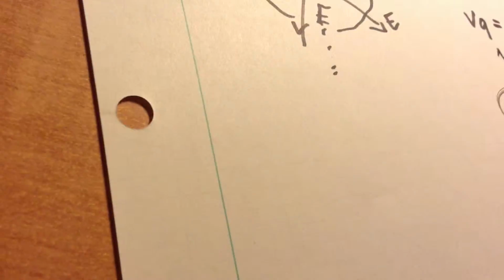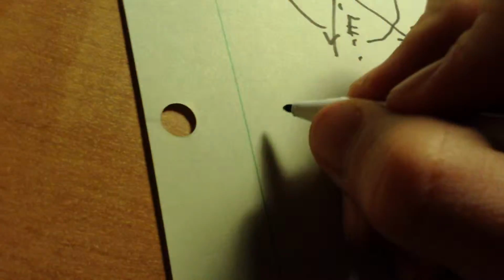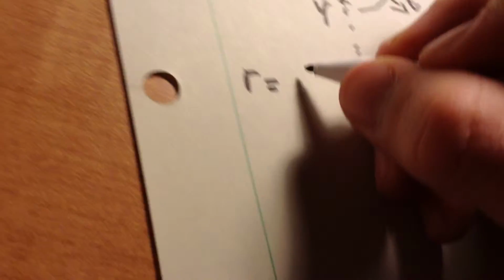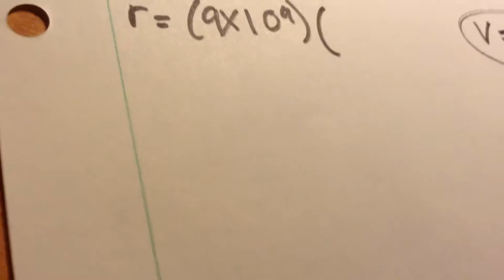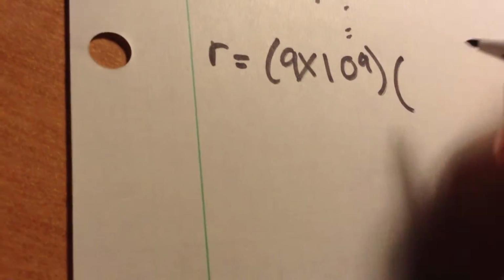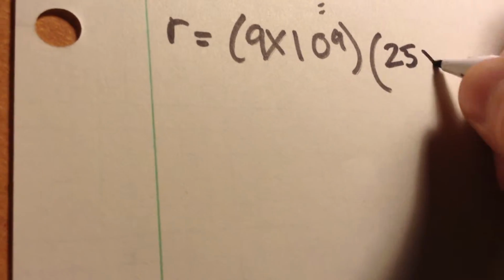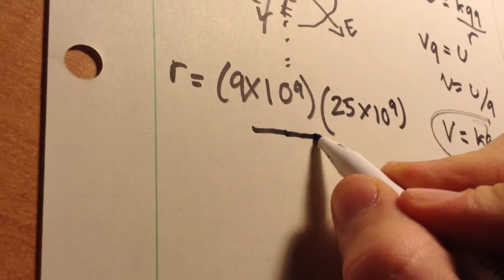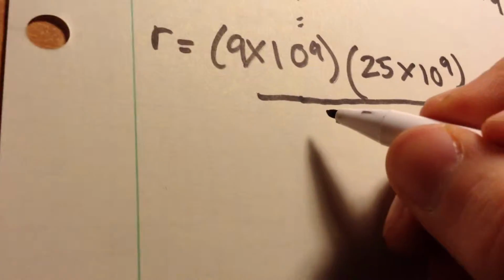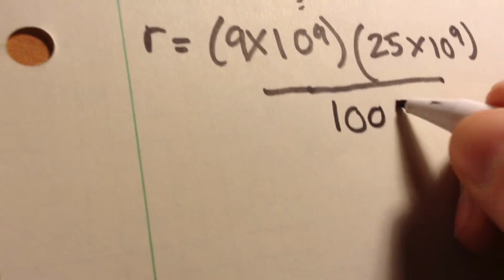So coming back over here, let's plug in our values for the first voltage of 1000 volts. Our radius is equal to K, which is equivalent to 9 times 10 to the 9th, times the charge, which is 25 nanocoulombs, so 25 times 10 to the negative 9th, divided by our voltage, which for the first one is 1000 volts.